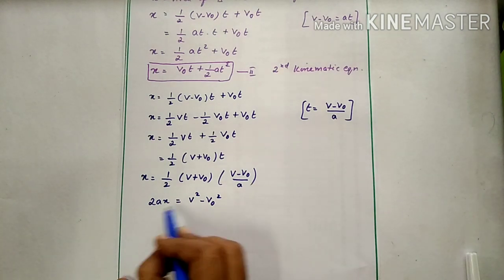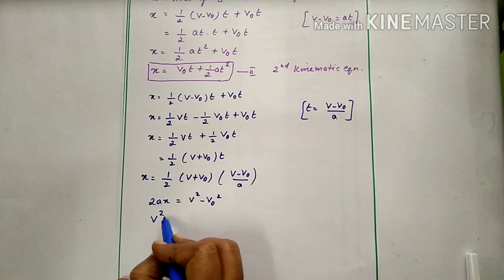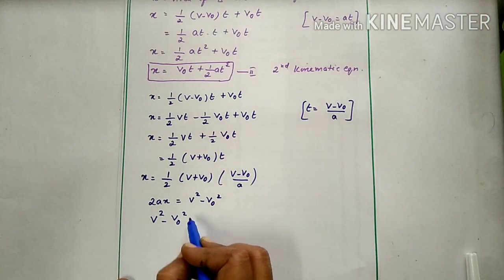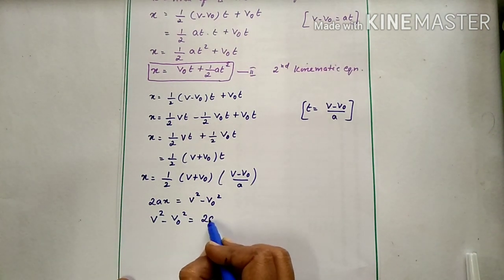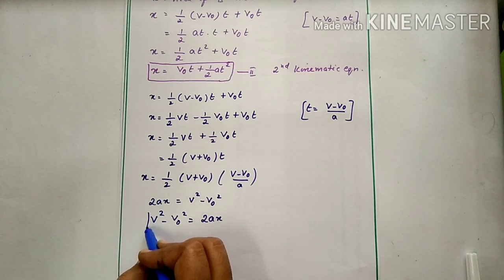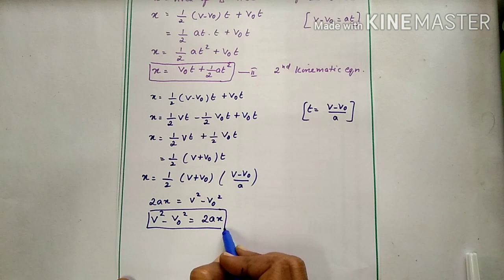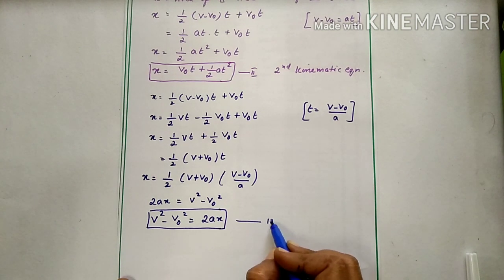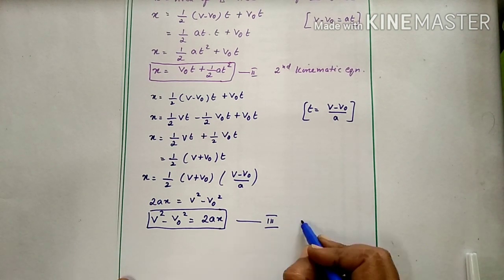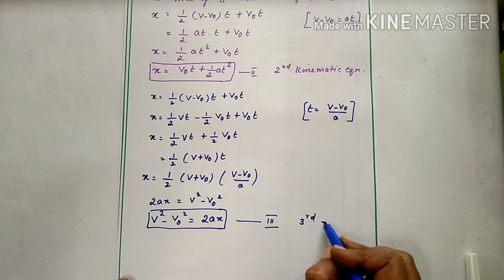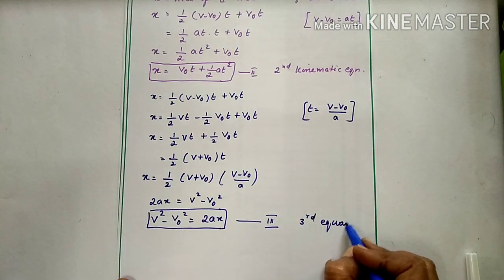So we can rearrange the equation once again: v square minus v0 square equal to 2ax. This is the third kinematic equation. So these are the kinematic equations.